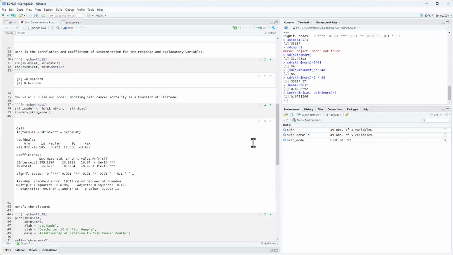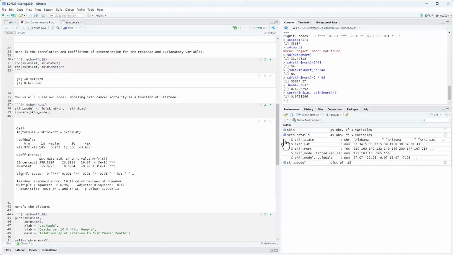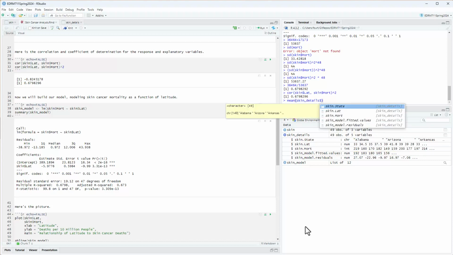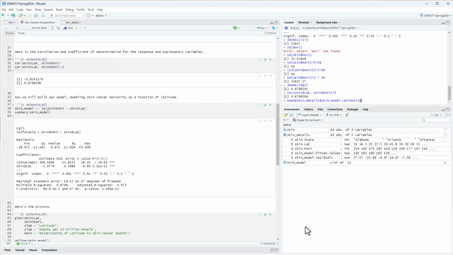Now, that's not that amazing to me. Let's remember that we have the residuals here in our skin details. And if I were to take the mean of the residuals in the skin details, we end up getting 0.